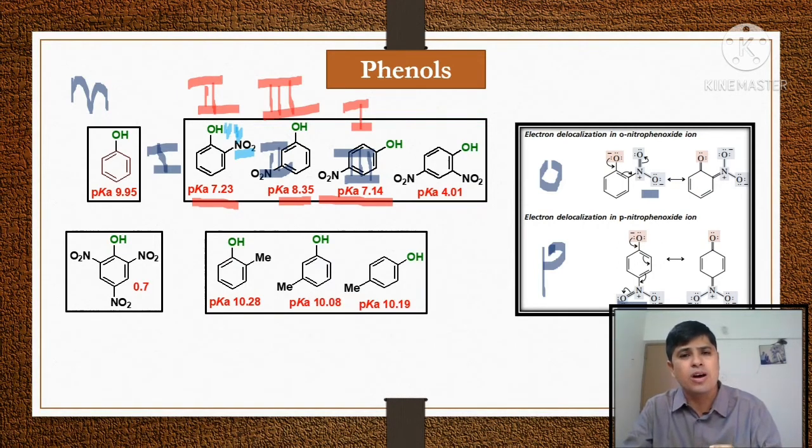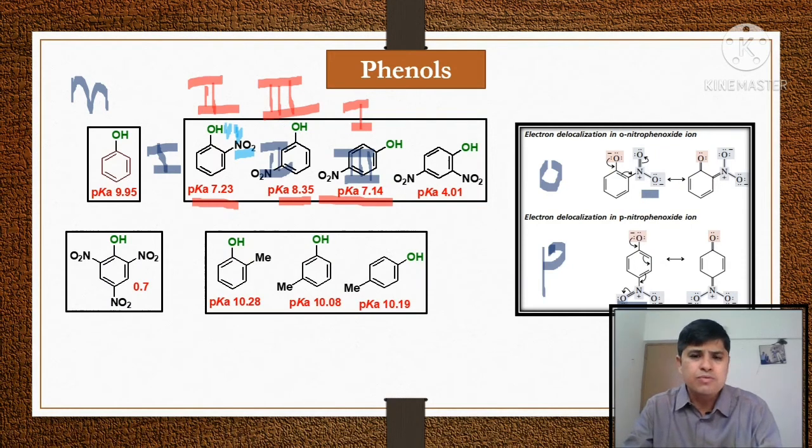Hence orthonitrophenol is less acidic than paranitrophenol. In paranitrophenol, the OH group is free to undergo dissociation, so it will dissociate very easily, forming the para nitrophenoxide, and that will get stabilized like this. The nitro group has intramolecular hydrogen bonding with the hydroxyl group in orthonitrophenol. Hence orthonitrophenol is less acidic than paranitrophenol.